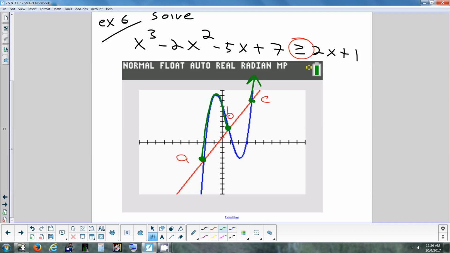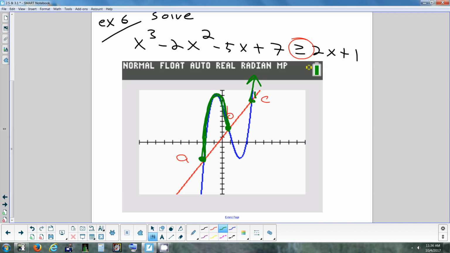So we're looking for where the blue graph, which is this one, is above, well, I don't want to underline it in red because that'll look confusing. But we're looking for where the graph on the left is above or equal to the graph on the right. The graph on the left is the blue one. The graph on the right is the red one. So we agreed, I think, that between here and here, the blue graph is above the red one.